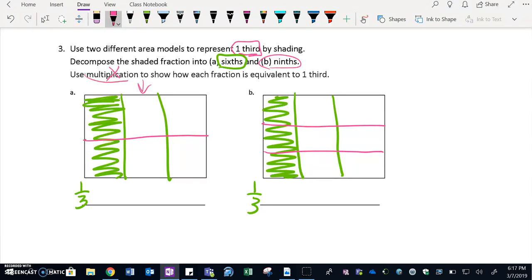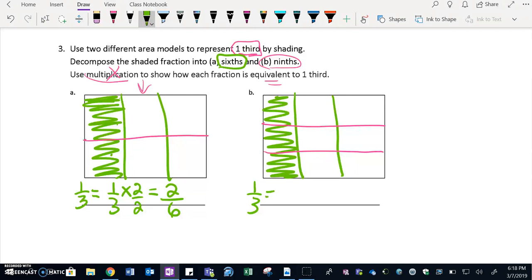Now we have to use multiplication to show how each fraction is equivalent to 1/3. So here we go. So 1/3 equals. I took my 1/3 and I cut each one into half. So I cut it into 2 parts, or I increased it by 2. So 1 times 2 is 2, 3 times 2 is 6, and I see 2 out of my 6 in the picture, so I know that's correct.